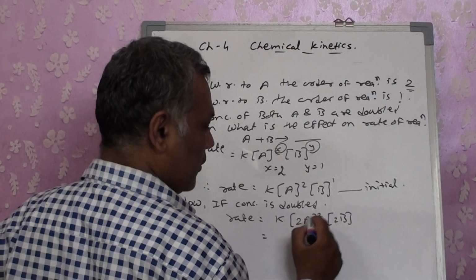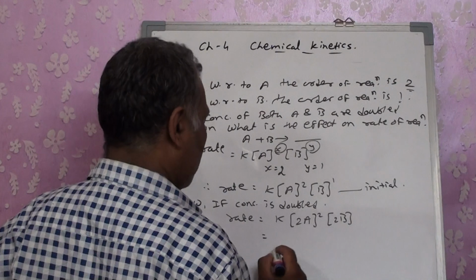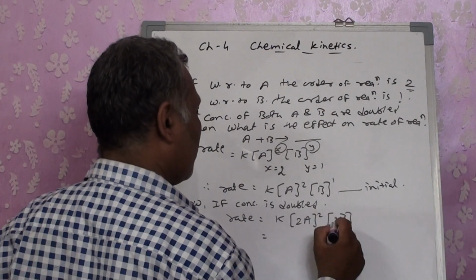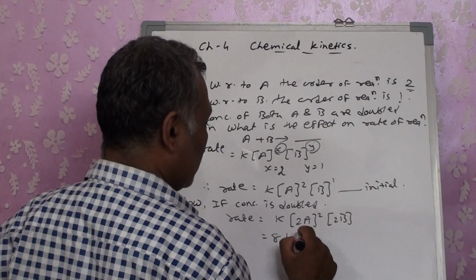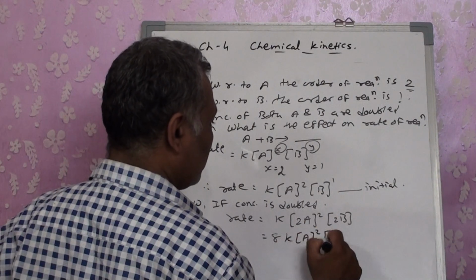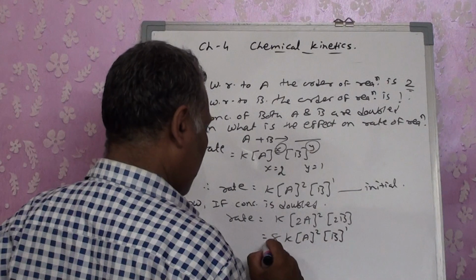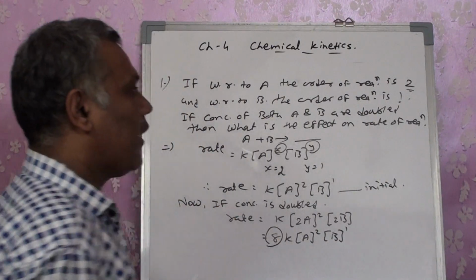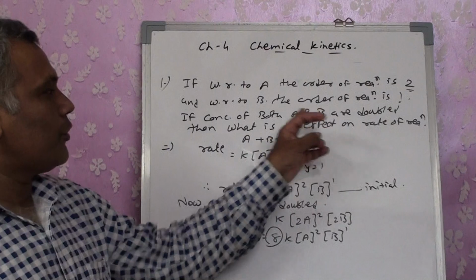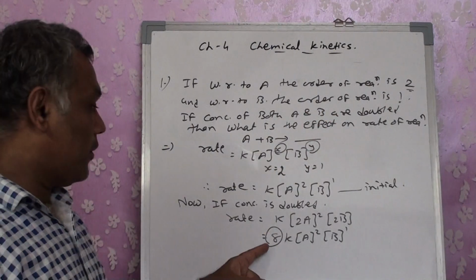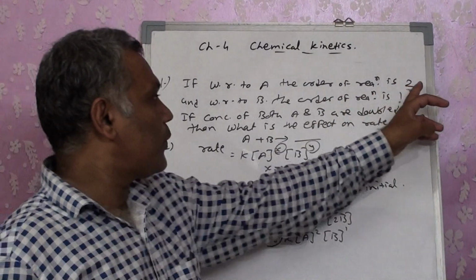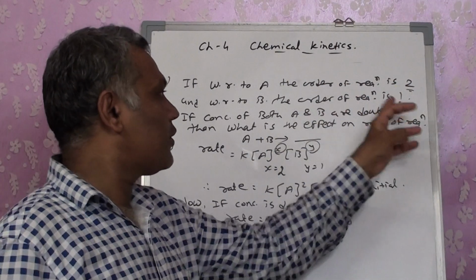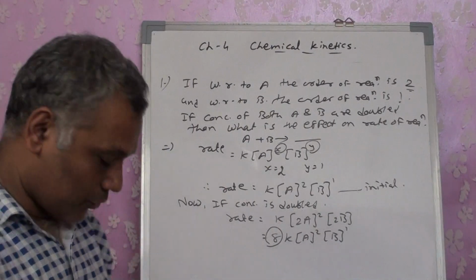So take the constant numbers outside. 2 squared is 4, 2 to the 1 is 2, 4 times 2 is 8, K A raised to 2, B raised to 1. So what does it show? Though the concentrations of both A and B are doubled, the rate of the reaction becomes 8 times. Because with respect to A it's second order, with respect to B it's first order.